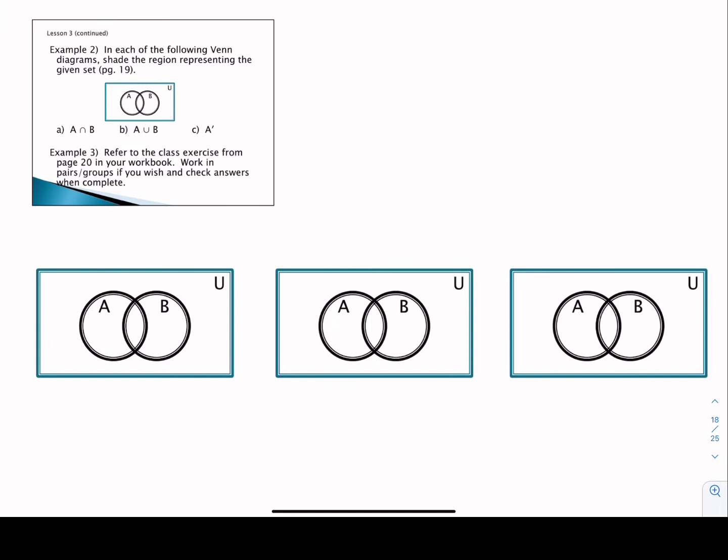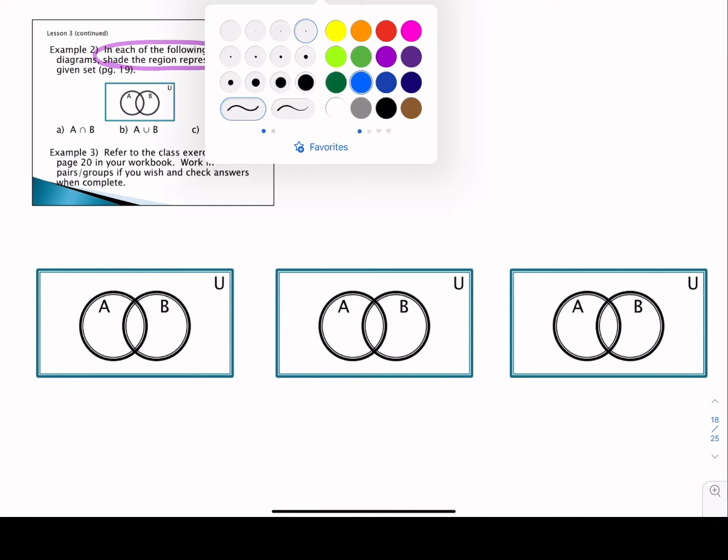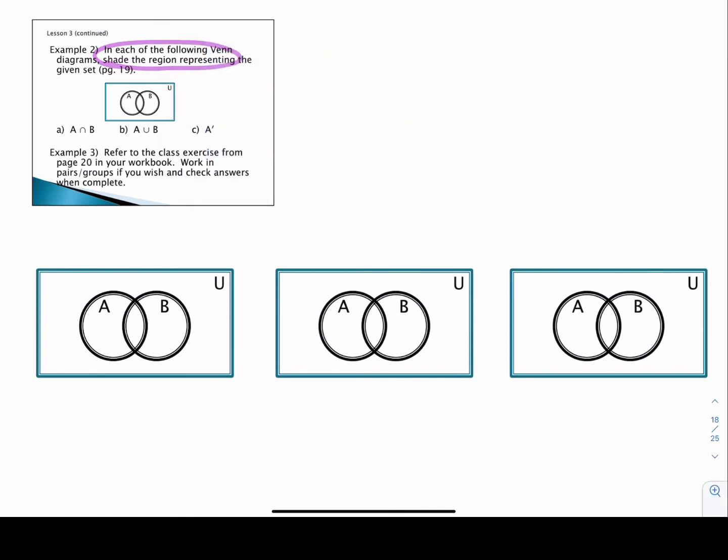What our instructions are, in this case, are to shade the regions that represent each of these notations. So the first part A says shade in what A intersect B looks like. So what region would A and B have in common? We're looking for elements that are shared in both A and B.